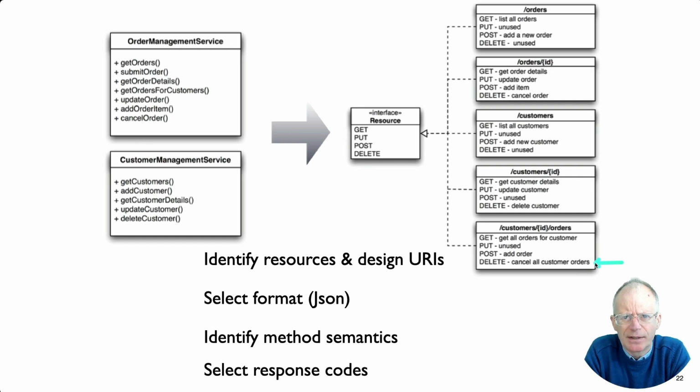URLs are used heavily. They may contain embedded IDs to identify specific resources. They're mapping a kind of problem space or namespace, if you like, users and customers in this instance. And GET, PUT, POST, DELETE are the options we have to change that world, to create new orders, update orders, create new customers, delete them, and in general to navigate the semantics of the problem space we're trying to implement.